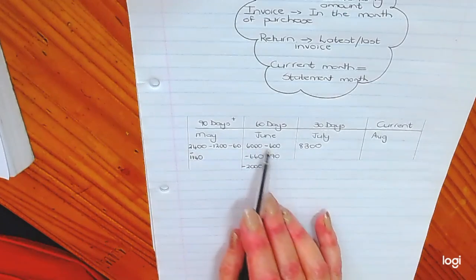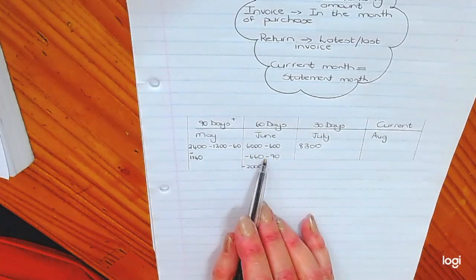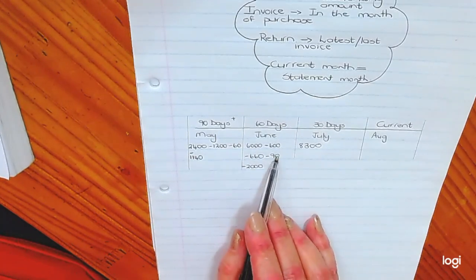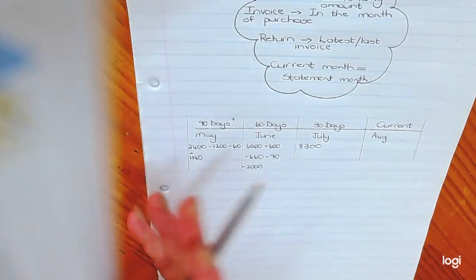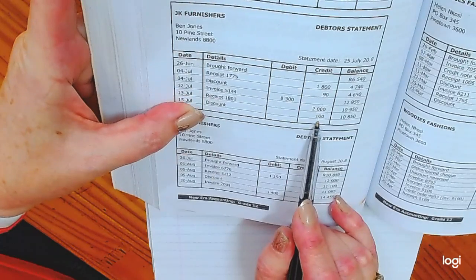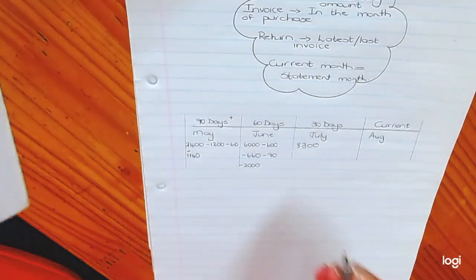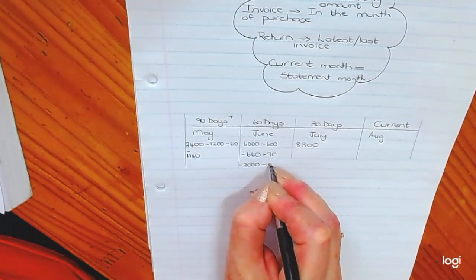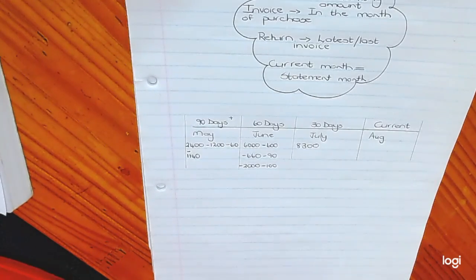Take the 6,000 minus 600 minus 660 minus 90. That is more than 2,000. So there's my 2,000 allocated there. Then there is another 100 Rand discount, which will go with this payment. Of course, it all goes to the oldest outstanding amount.